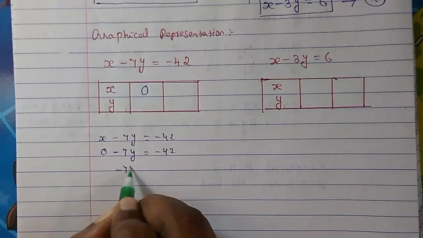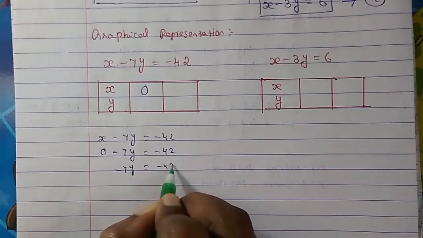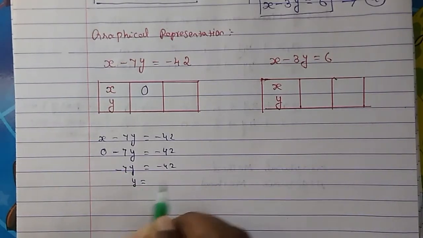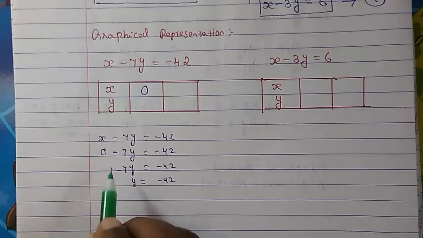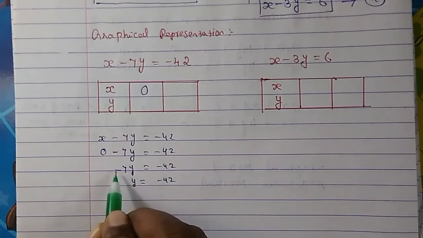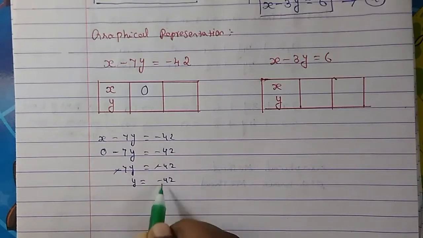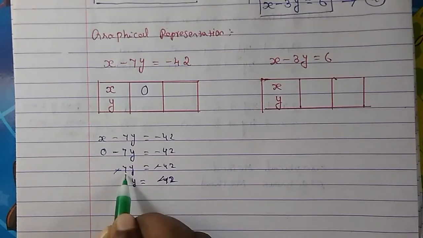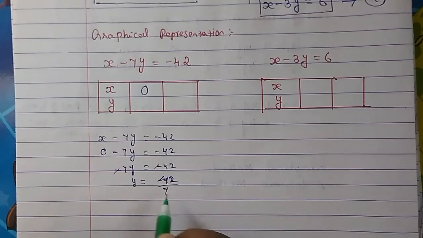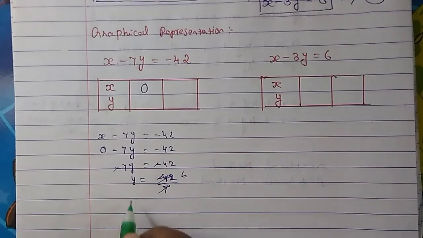So then I have 7y equals 42. I want the y value. So this minus gets cut. So I will have 42. This 7 is in multiplication, and it becomes division. Then when I divide, I get 6 times 7 is 42. So the y value is 6.